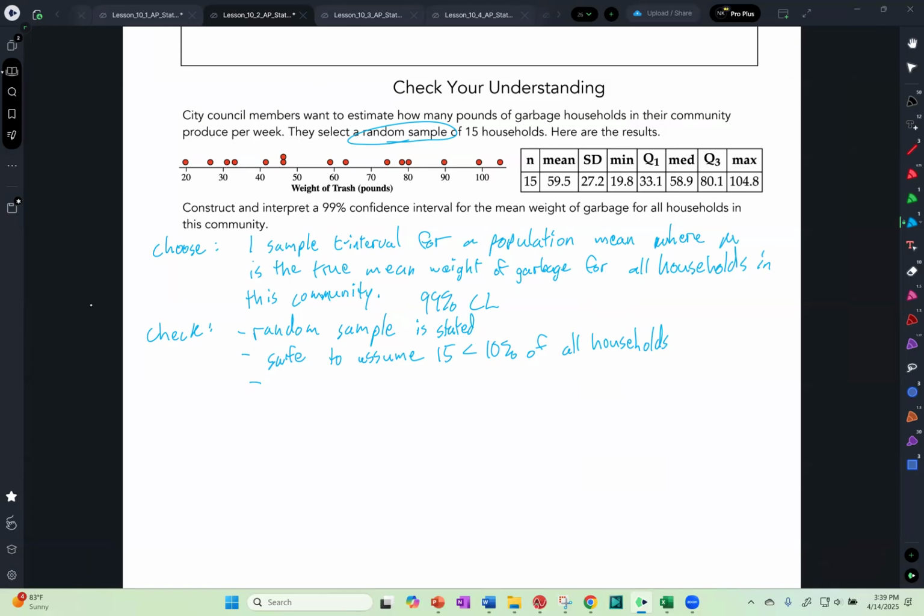So I don't know if the sampling distribution is approximately normal. 15 is not large enough to satisfy the central limit theorem. But looking at that graph of the sample, that sample shows no heavy skewness or obvious outliers.